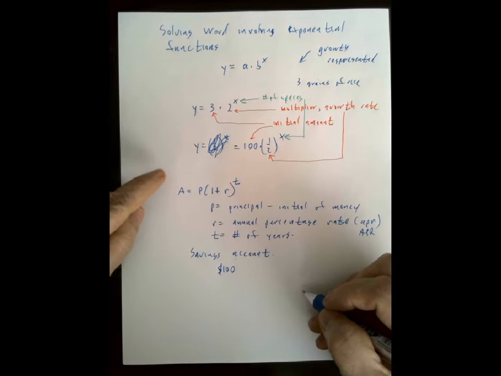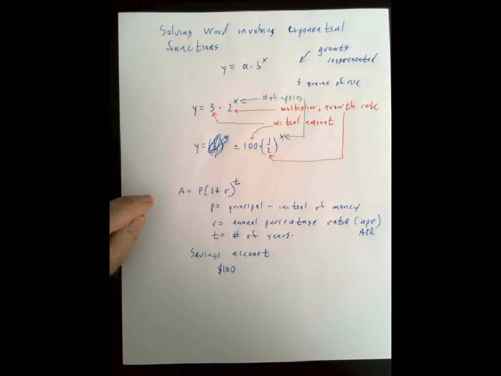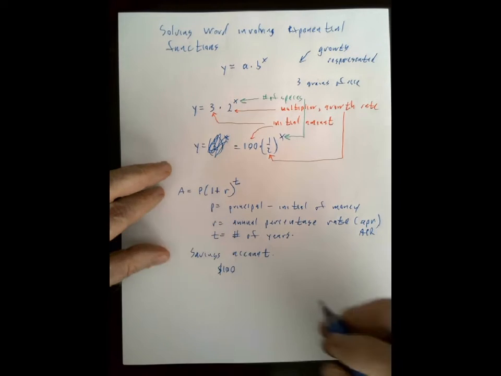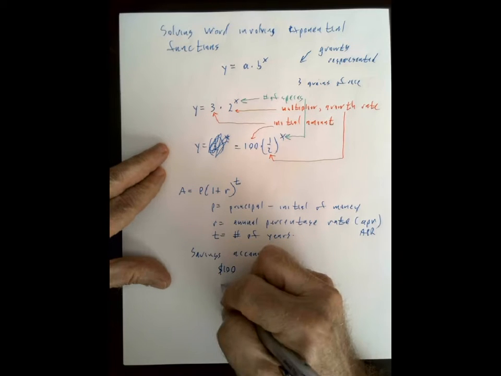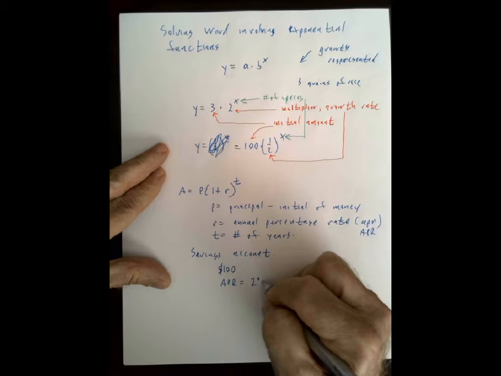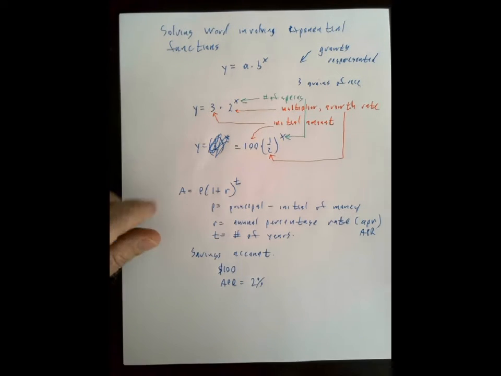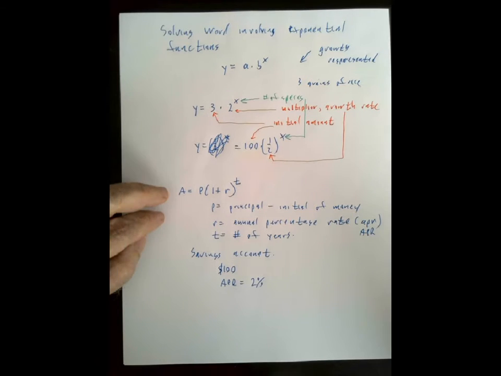And let's say that I happen to know that the terms of the savings account are that the annual percentage rate, the APR, is equal to 2%. That means at the beginning of every new year, they add 2% of what was in the account the previous year. And so every year the account grows by 2%. Now here's our problem.